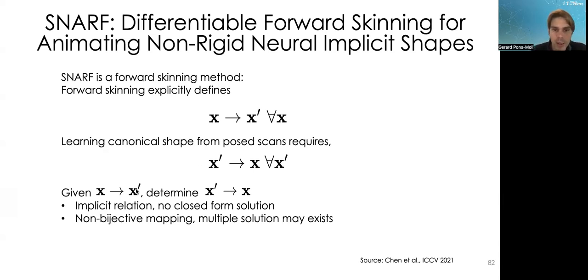So in this paper, SNARF, given the relationship x maps to x prime, they determine the x that maps to x prime. It's an implicit relationship, but there's no closed form solution. It's a non-bijective mapping because multiple solutions may exist. For a given pose point, you might have multiple solutions on the body.